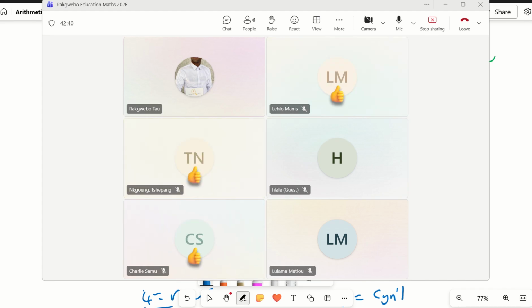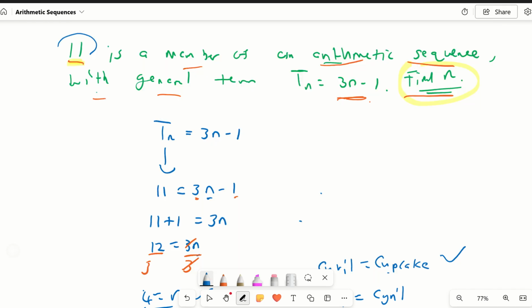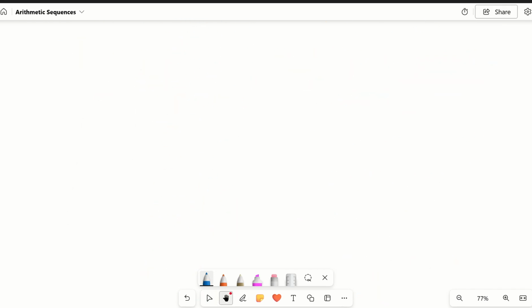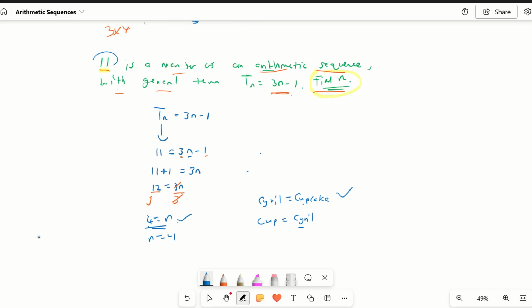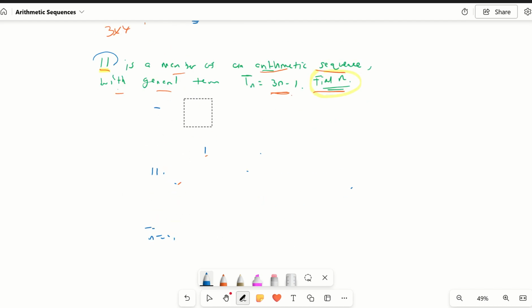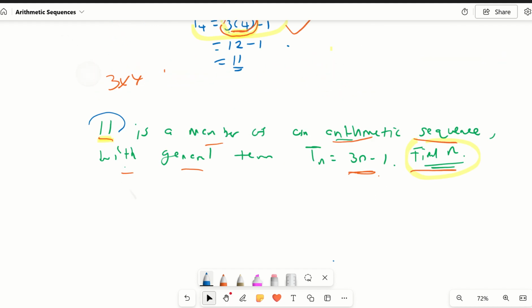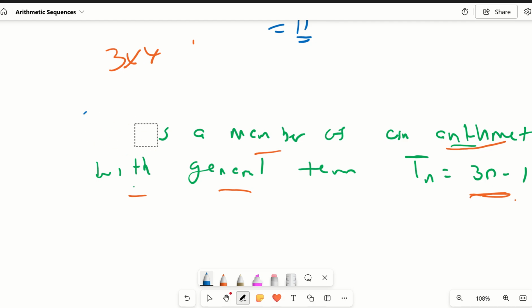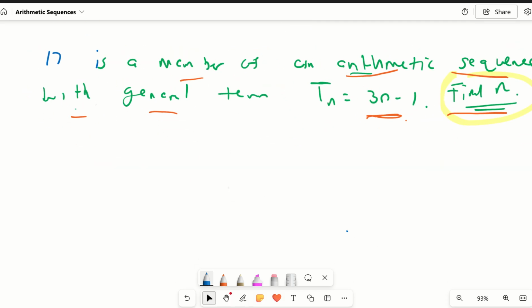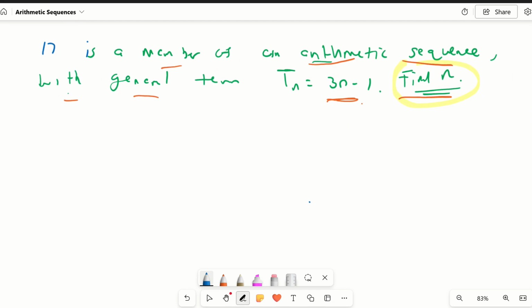Proper stuff. Sharp, sharp. So now, can you do this question for me? Let's go. 1 minute. No, not 1 minute. 30 seconds. 45 seconds.